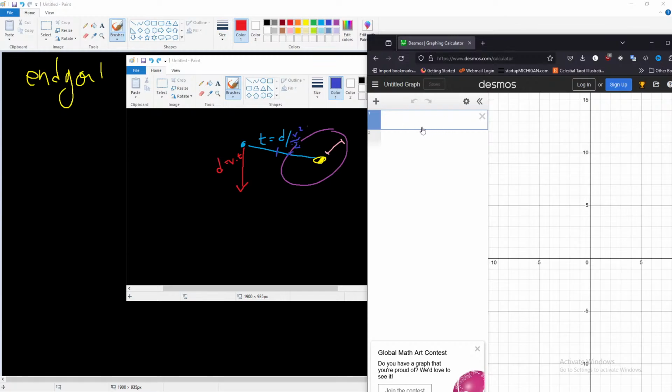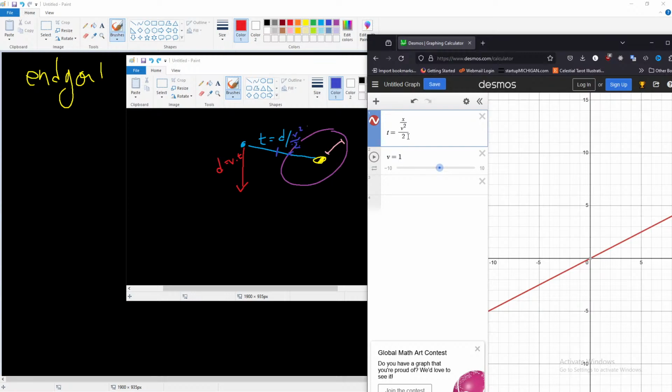So t equals distance x divided by, okay.